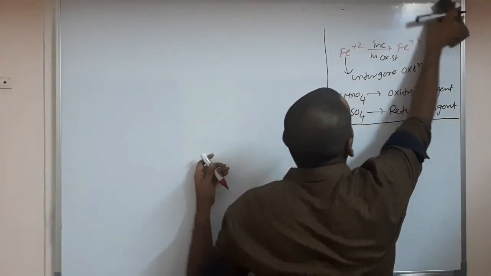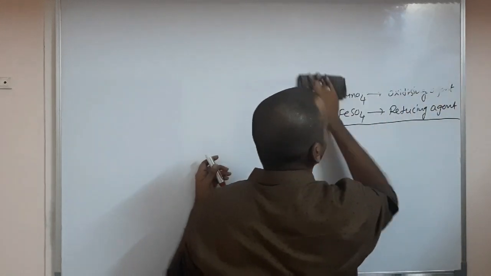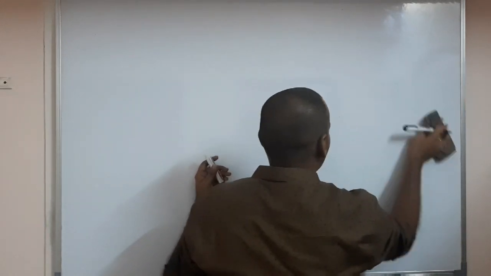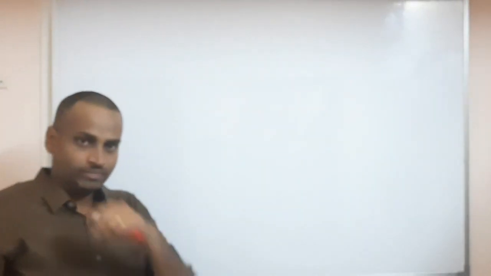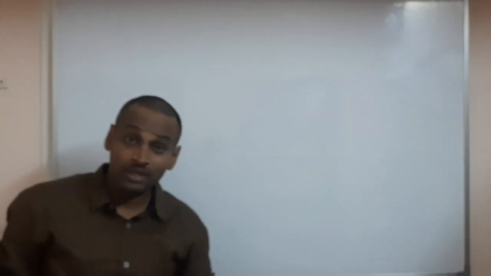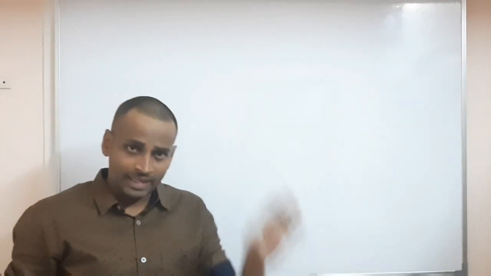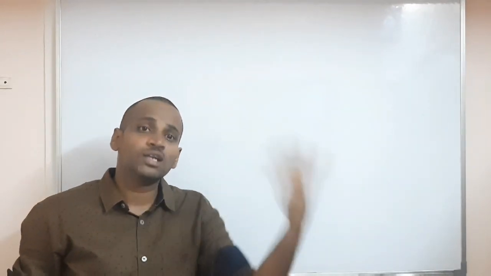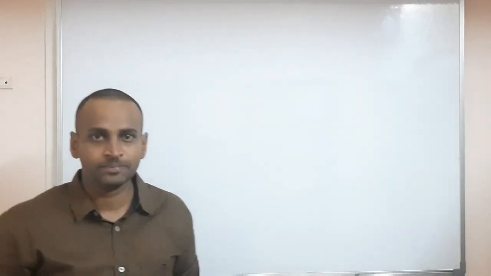If any species has an atom that underwent oxidation, that is the reducing agent. This is very clear. So one more most important thing: how to identify whether a particular species can undergo oxidation, can undergo reduction, cannot undergo oxidation or cannot undergo reduction, how to say.